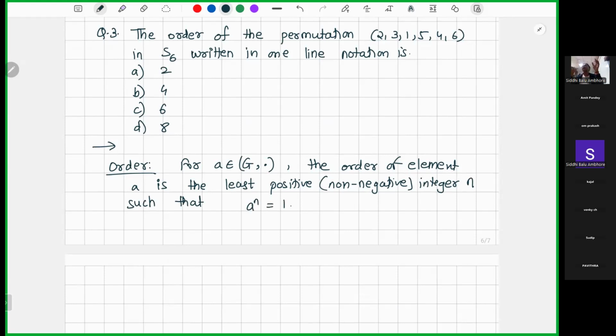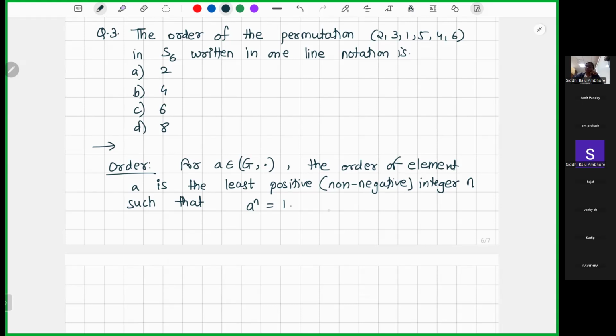Again, this A power n means we are operating A n times. We are multiplying A n times, or adding A n times, depending on the operation of the group. And this one is just the identity.